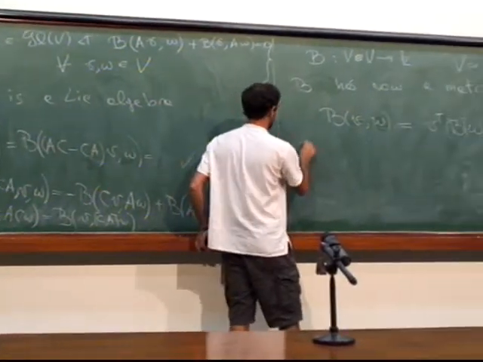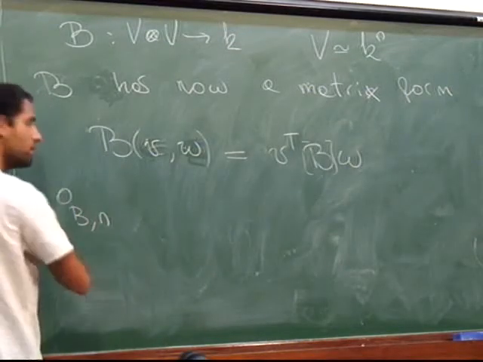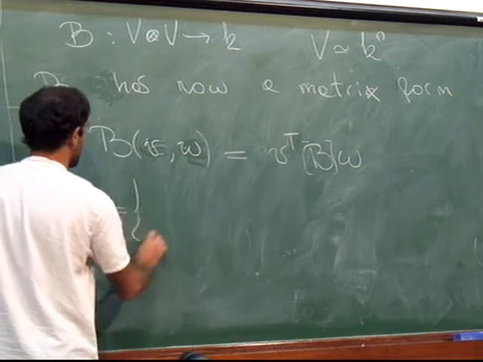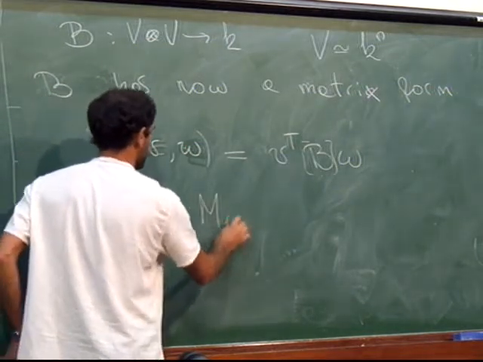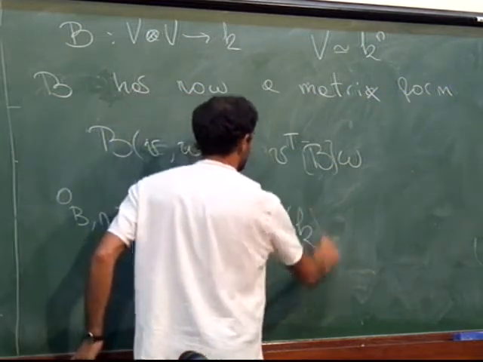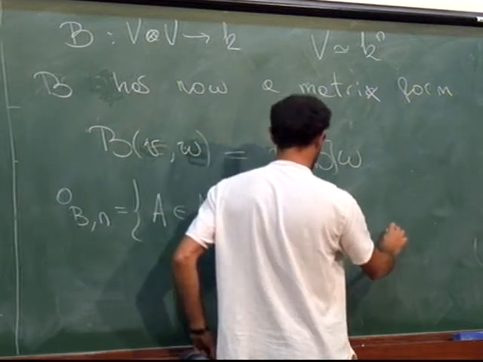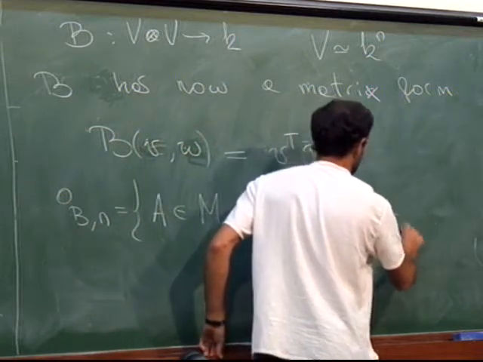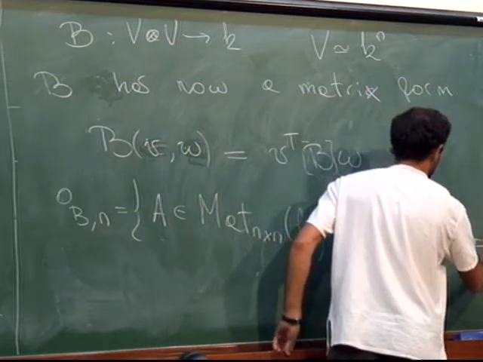So now O_{B,n} is the set of n by n matrices with entries in the ground field such that A transpose B plus BA is equal to 0.